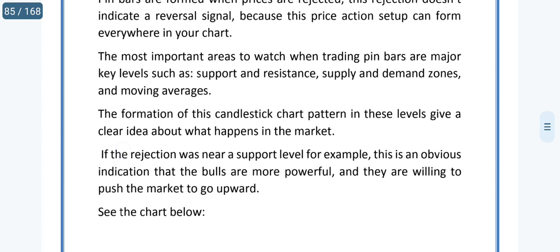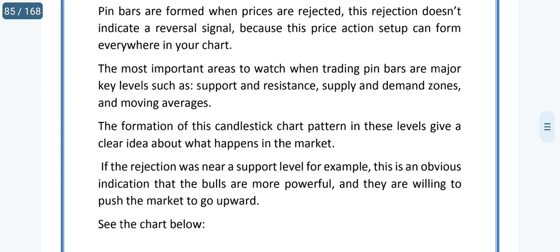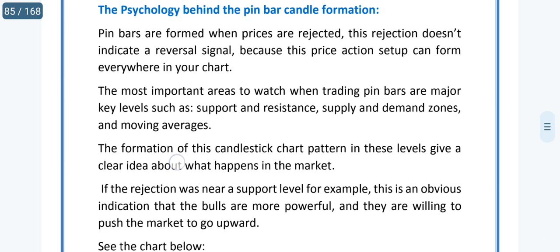Here we can see that penny bars are formed when prices are rejected, and this rejection does not indicate a reversal signal, because the price action setup can form everywhere in the chart.